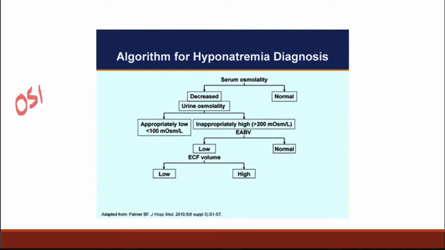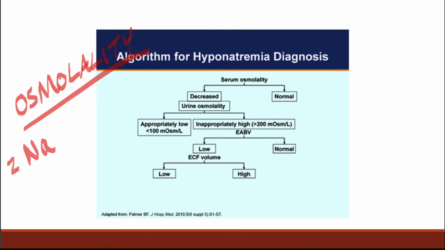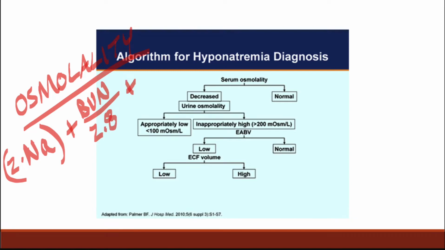So osmolality, if you remember from patho, is mostly about sodium because it's 2 times the sodium plus the BUN divided by, I think, 2.8 plus the glucose divided by 18 plus alcohol, ETOH, divided by, I forget what the number is, but we'll just call it X.